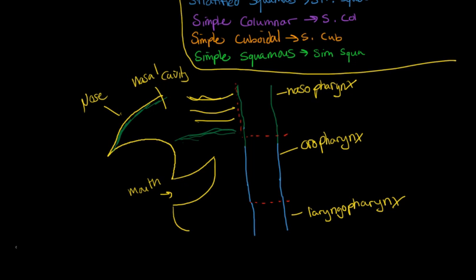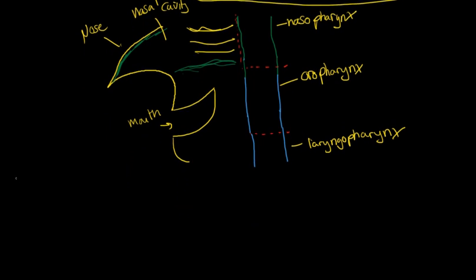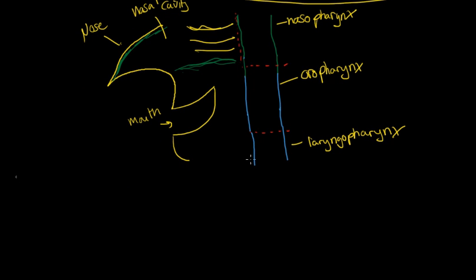And we have air keep passing down through here. The next part is going to be the larynx. And this is commonly referred to as your voice box. And you're going to have a split here. So we'll cut off the laryngopharynx about here, and we'll go down a little further.